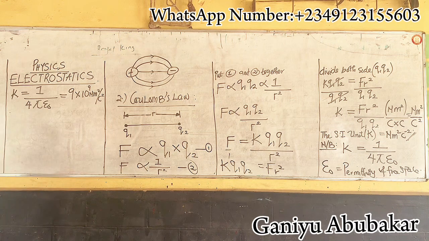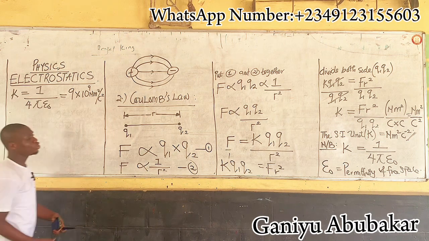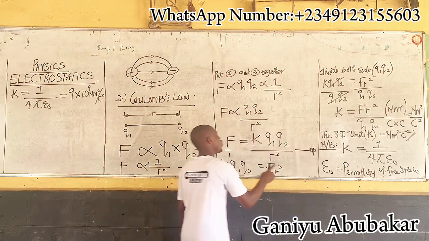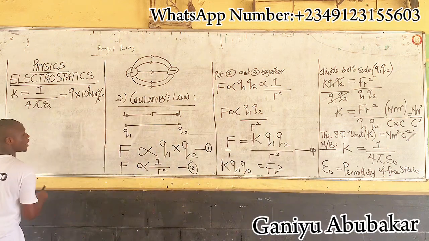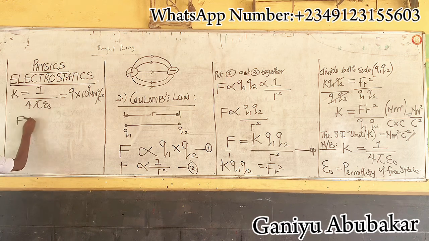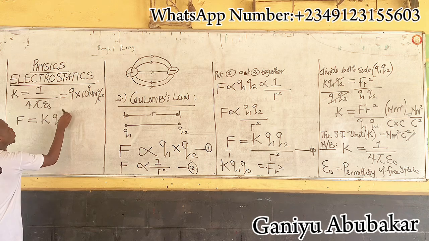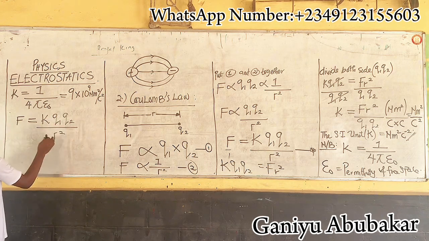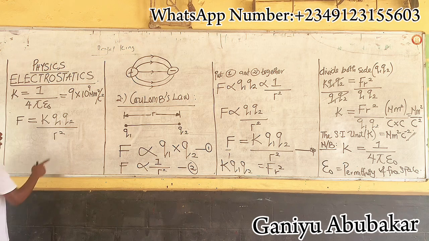So that's your concept. Let me call this one the equation. If I go back to the equation, we have that F is equal to K Q1 Q2 all over R squared. This formula is for calculating the force of attraction between two charges separated by the square of the distance apart.